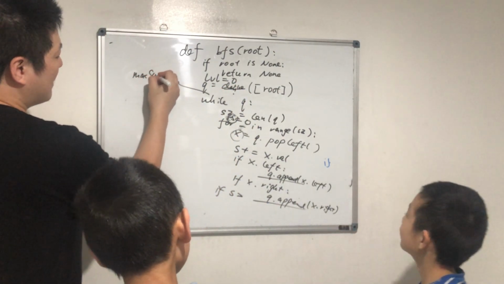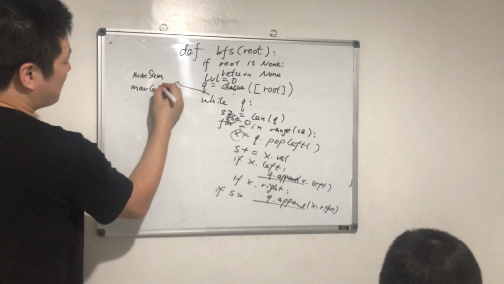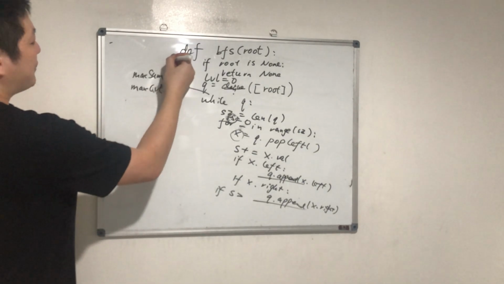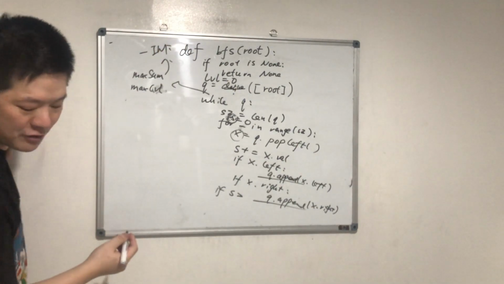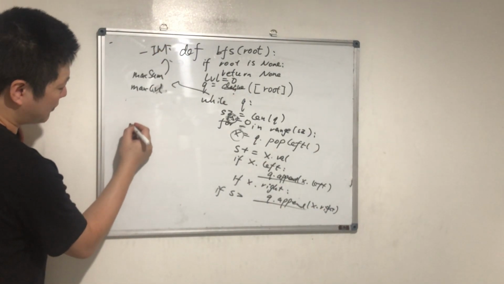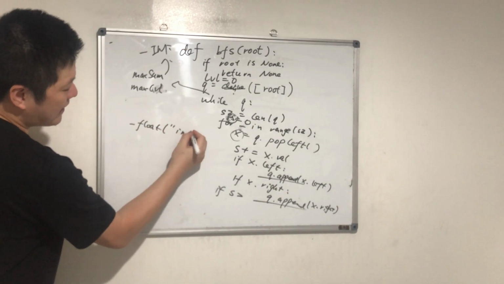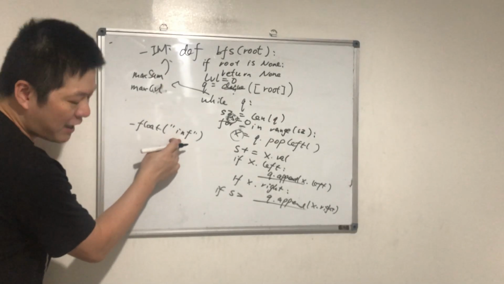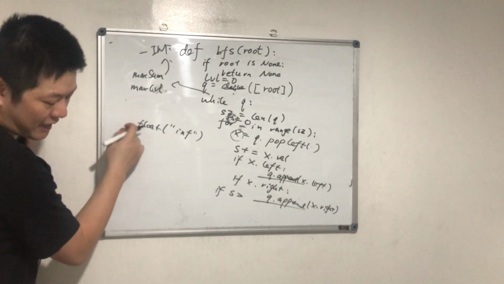Max sum, max level, okay? And then initialize to minus infinity, okay? How do you initialize to minus infinity? You do this: float INF, converting the INF, infinity, to float, negative.